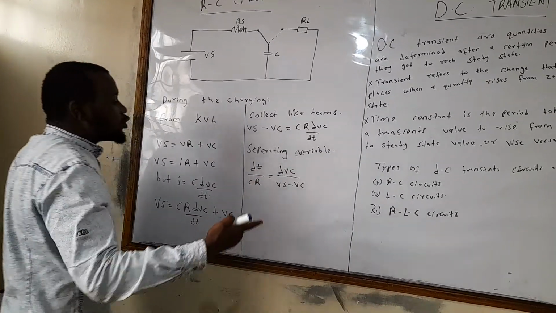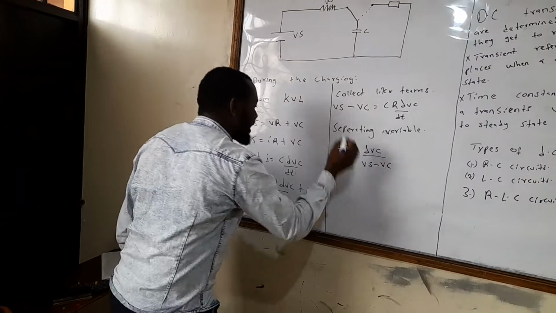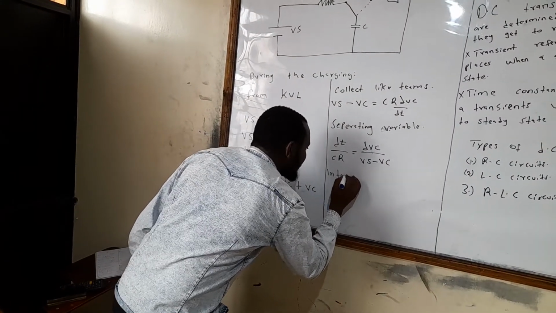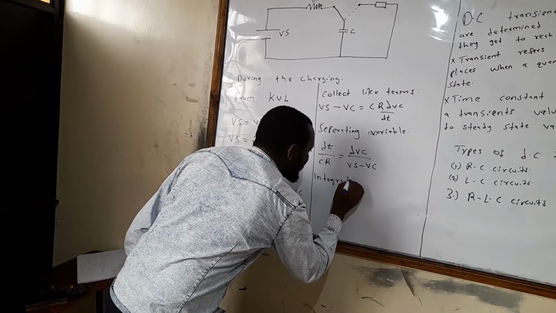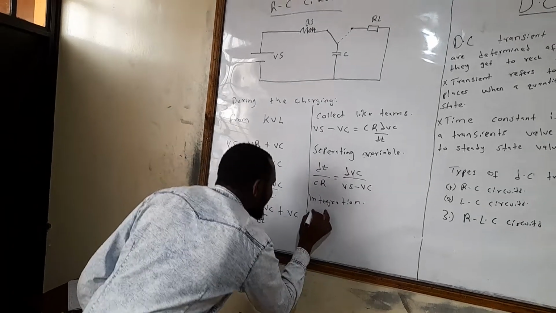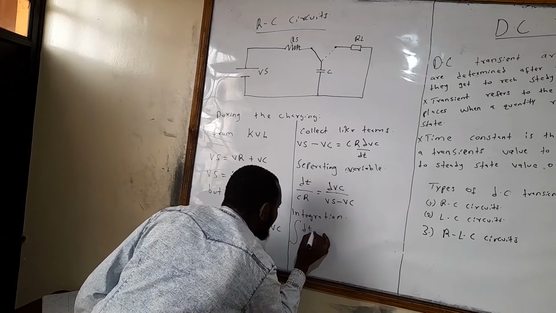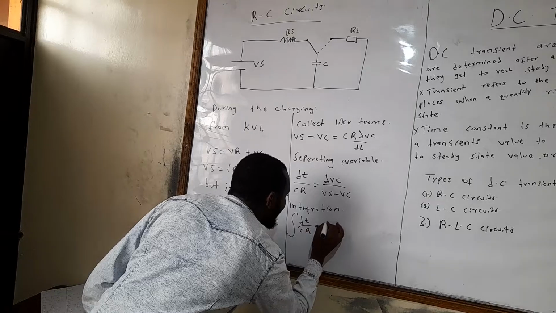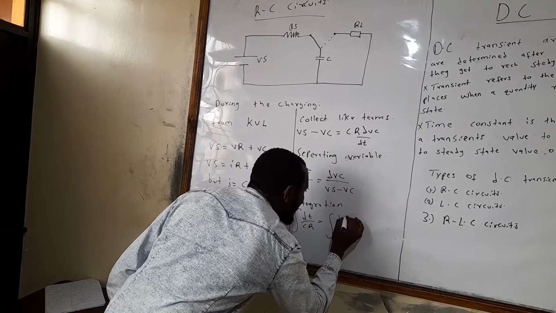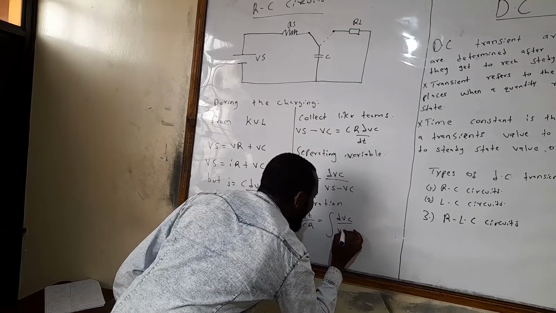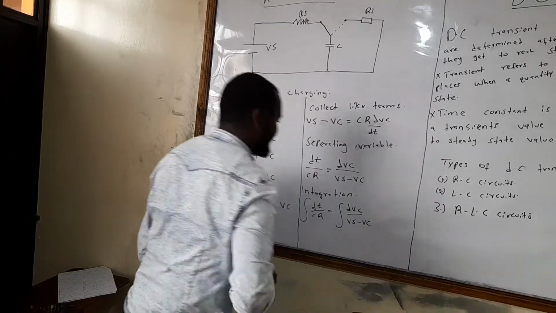Now we want to integrate. Therefore, let's integrate dt over CR is equal to the integral of dVc divided by Vs minus Vc.